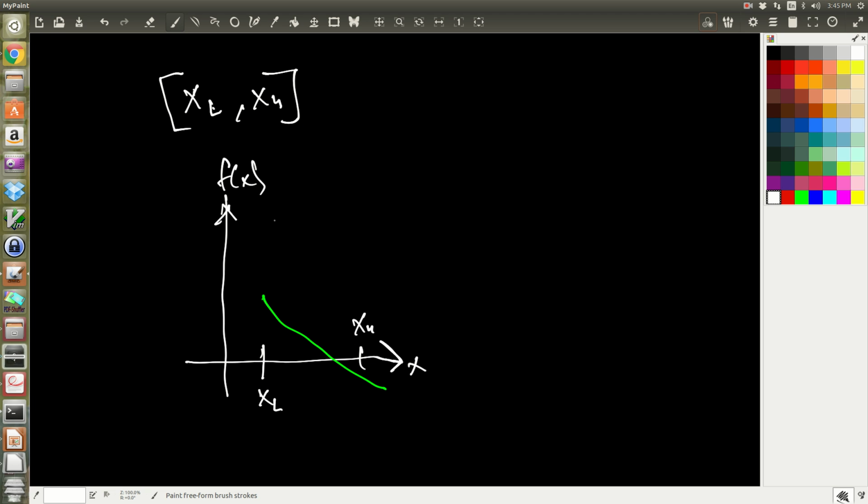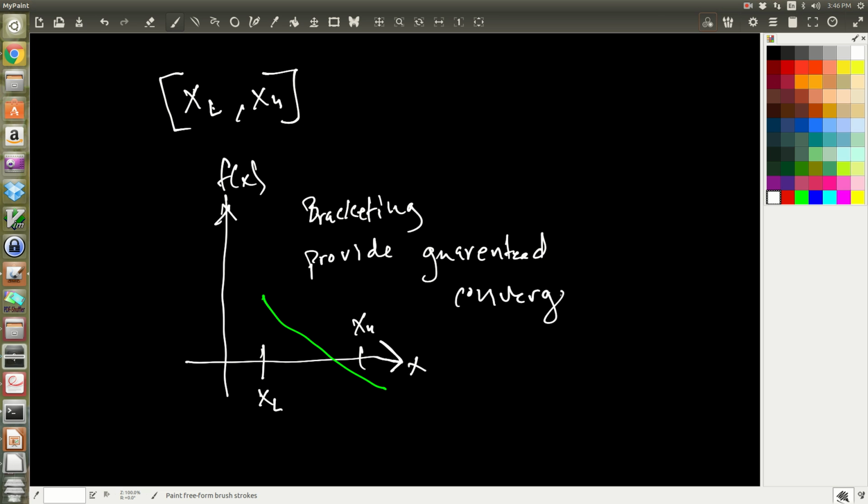If that's the case, then bracketing methods always converge. So bracketing methods provide guaranteed convergence. That means no matter what, they're always going to find the root. We don't even have to worry about whether or not they're going to find the root.